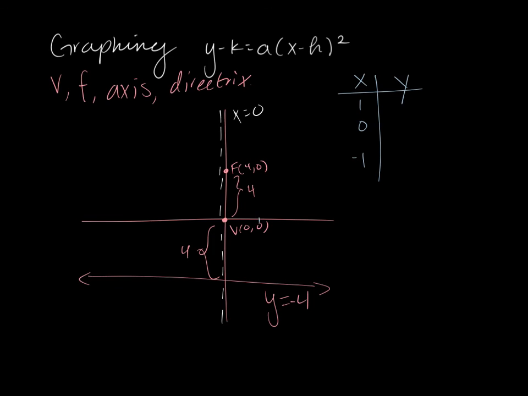So if C is 4, then A would be 1/16. So if we plug in 1, that'd be 1/16. So that'd be down here. -1 would be the same thing. And 0, 0 is the same thing, is 0. So we just draw our parabola like so. And that's it. Okay, that's how you would graph those.